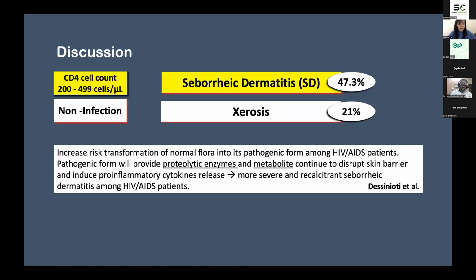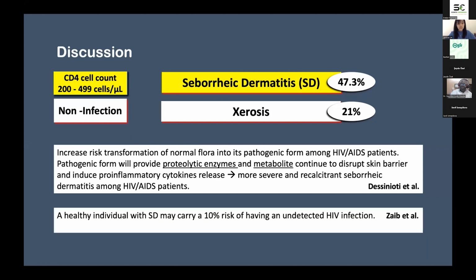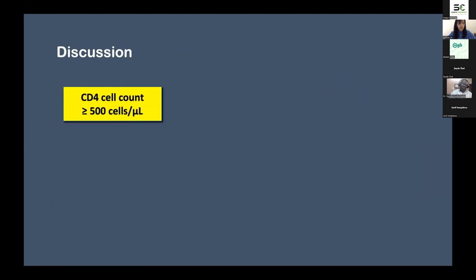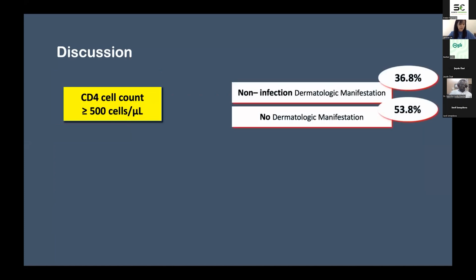Desionote et al. explained that there was an increased risk of transformation of normal flora into its pathogenic form, which will continue to disrupt and produce pro-inflammatory cytokines, giving a recalcitrant seborrheic dermatitis among HIV patients. Also, Zaid et al. reported that a healthy individual with seborrheic dermatitis may carry even a 10% risk of having an undetected HIV infection.